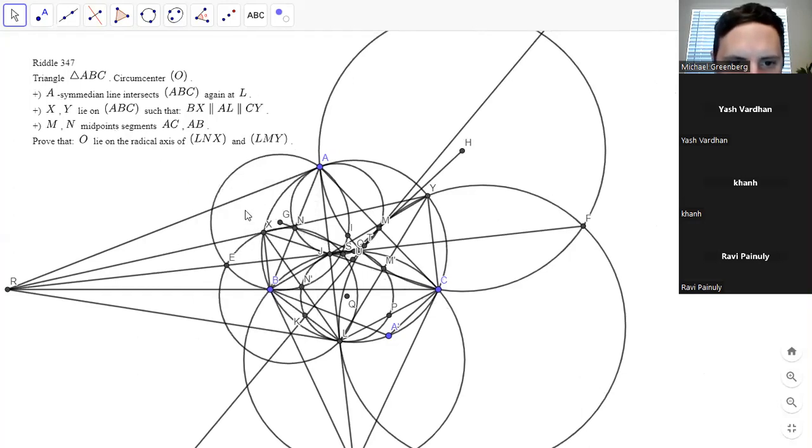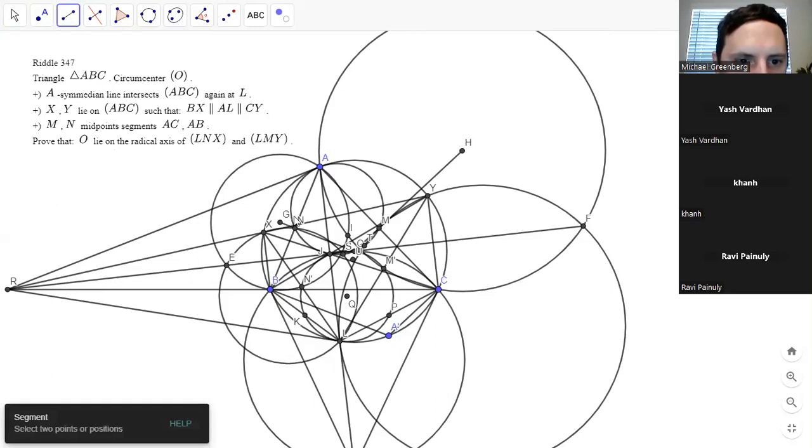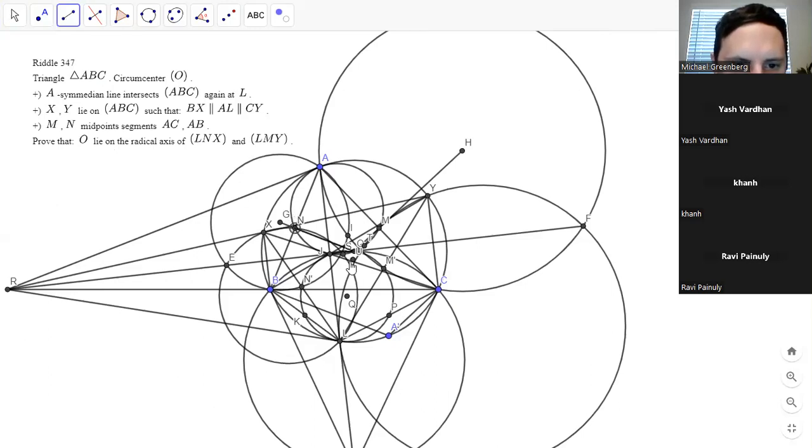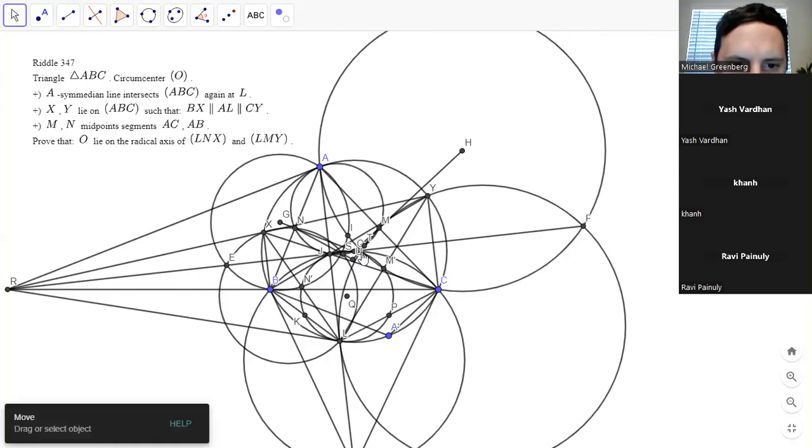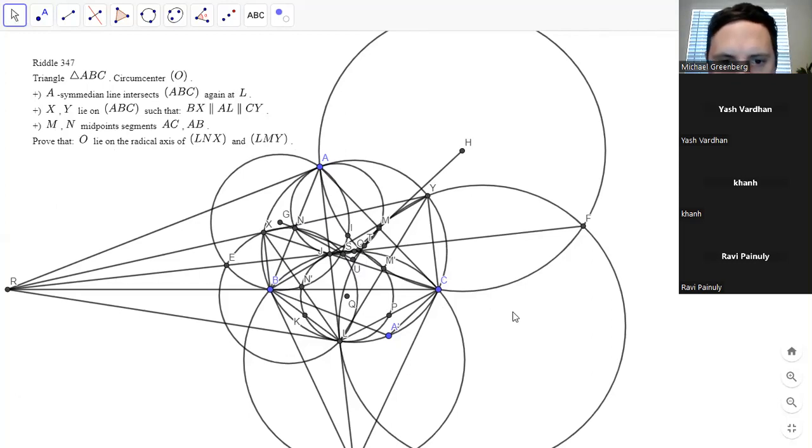Okay, so really we just want to draw NU and MU. And then we want, if we show L, U, and Q are collinear, that would solve it.